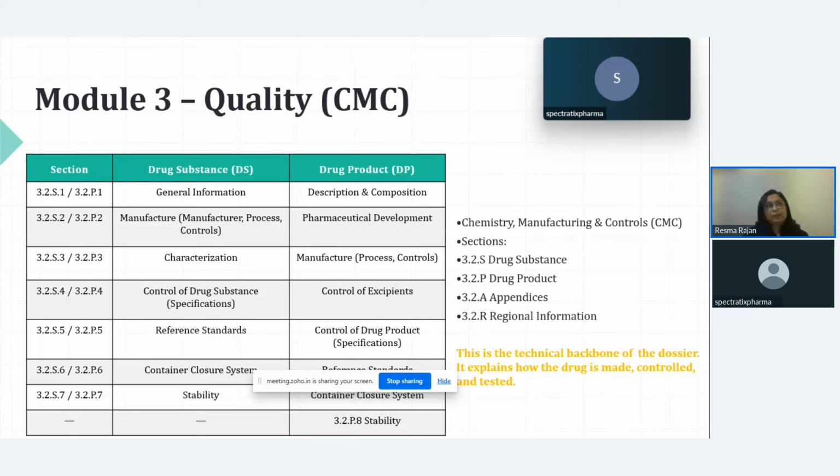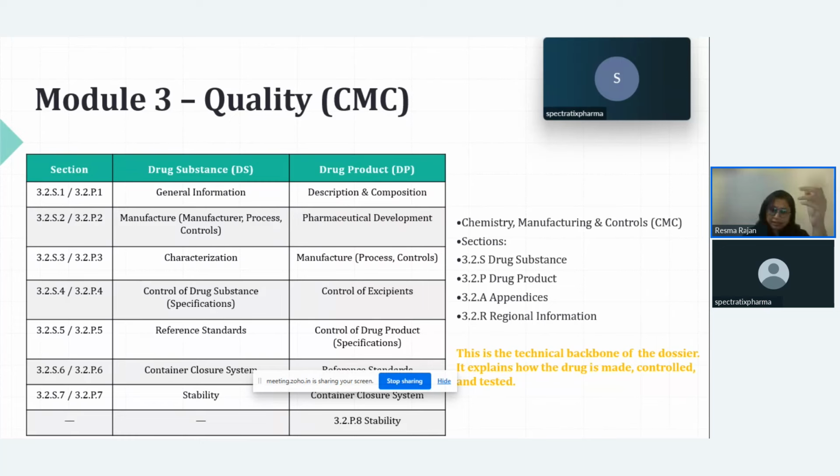For example, water is considered an excipient. Water, what is the purity of the water? What is the pH condition of the water? Whether there is any microbial contamination, heavy metal contamination. All these test specifications will be there for that excipient.